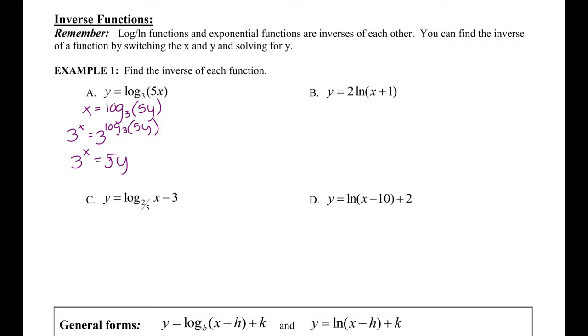So my last step in order to get y by itself would be to divide both sides by 5. So 3 to the x power over 5 is equal to y. And that's my inverse equation.